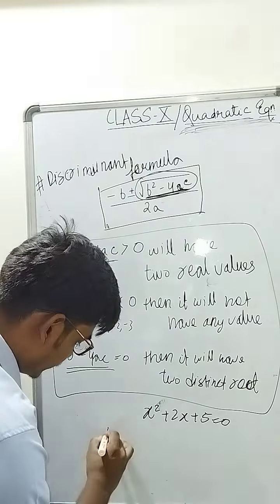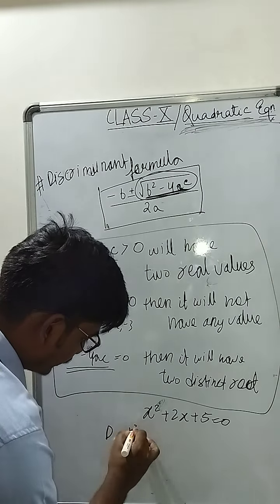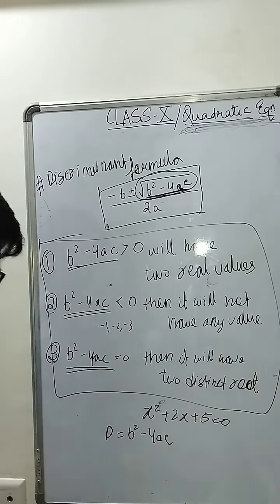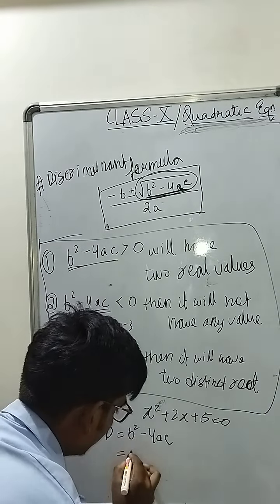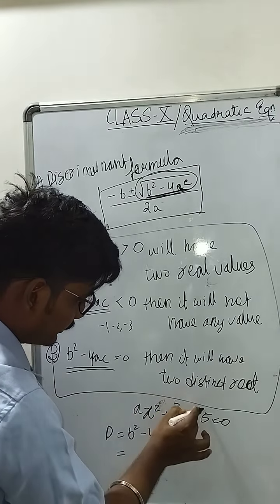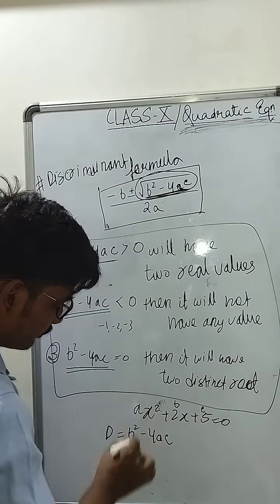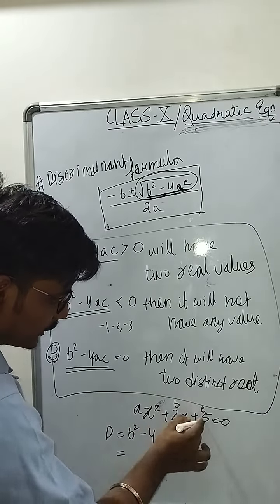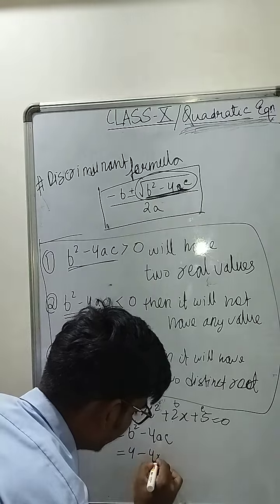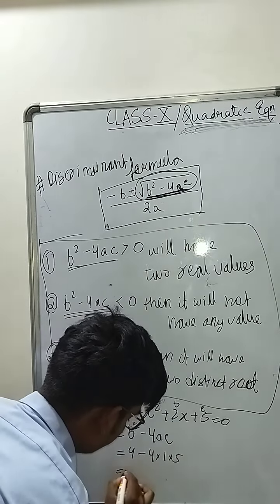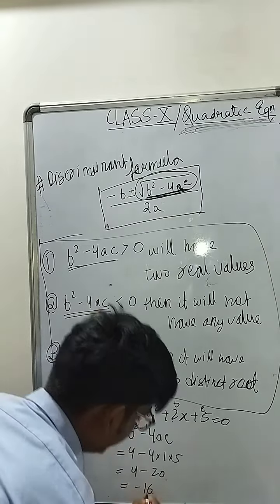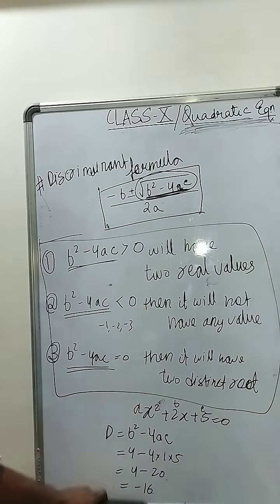So what is that? D equal to b squared minus 4ac. This is the formula. So we think that a, b and c: a is 1, b is 2 and c is 5. So b square means 4, minus 4 into 1 into 5, that is 4 minus 20, that is minus 16.